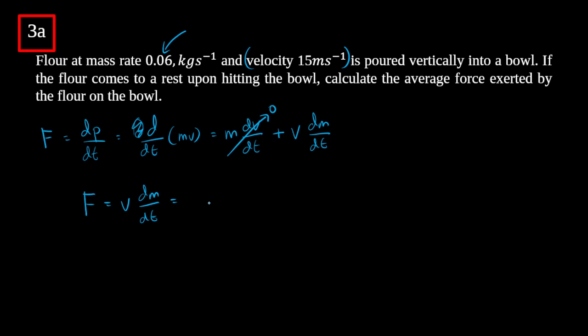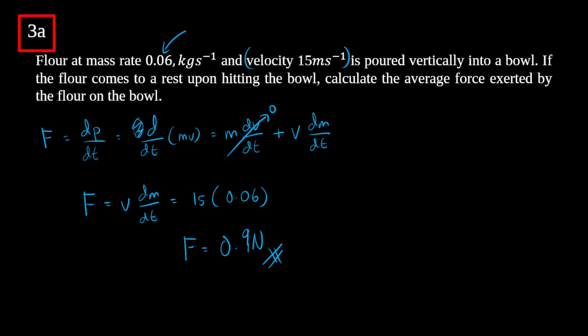That leaves us with 15 multiplied by 0.06. So that tells us the average force exerted by the flour onto the bowl is going to be 0.9 Newton. A very direct question and a very direct answer.